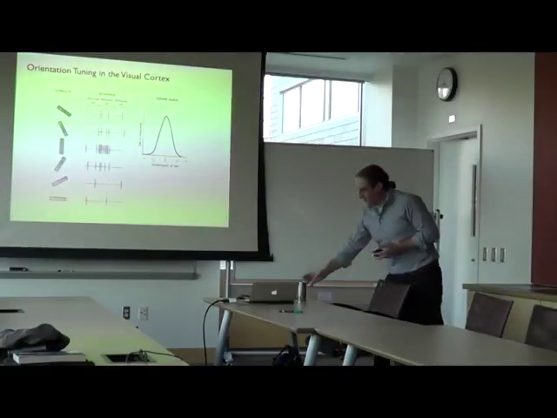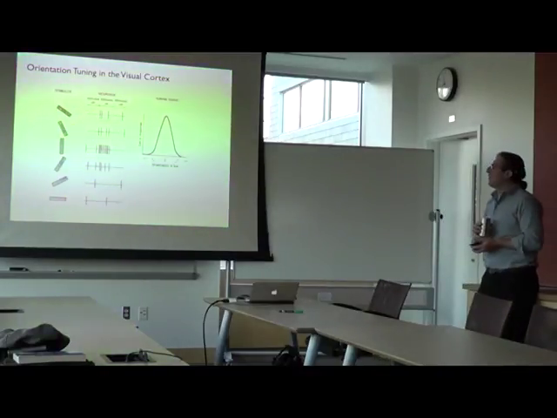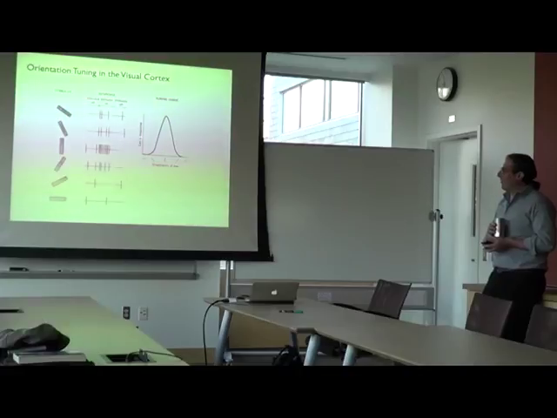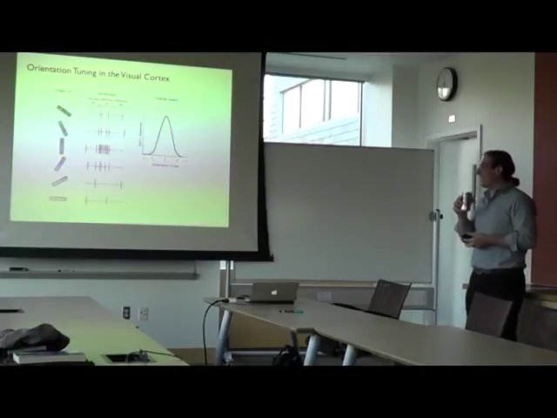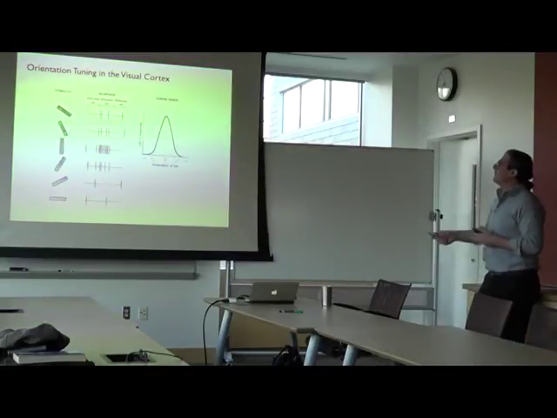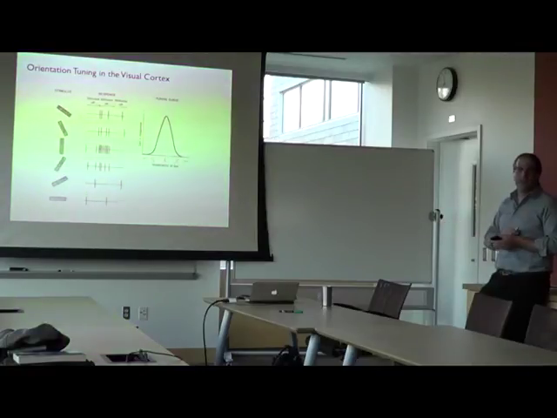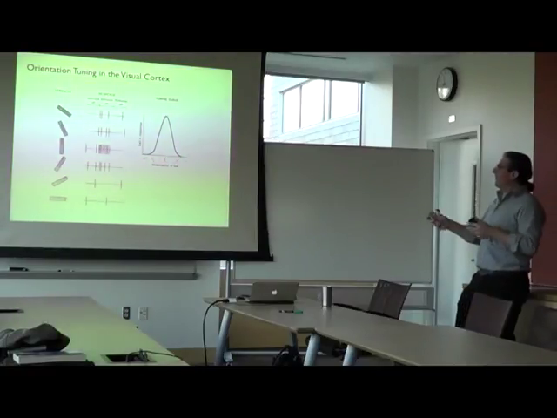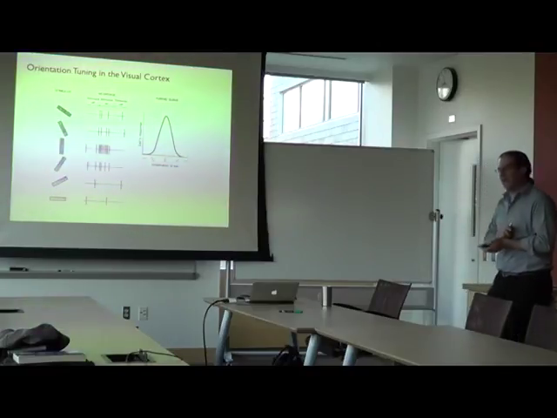This is called orientation tuning. The response of these neurons is tuned for orientation. One thing I'm going to talk about today is orientation selectivity. Selectivity specifically refers to how wide or narrow this tuning curve is. The more selective it is, the more it prefers a smaller range of orientations.